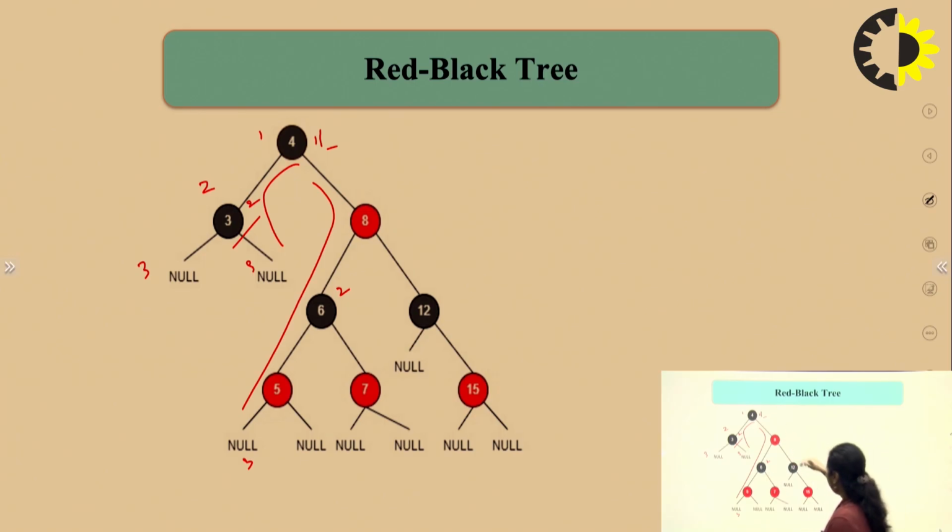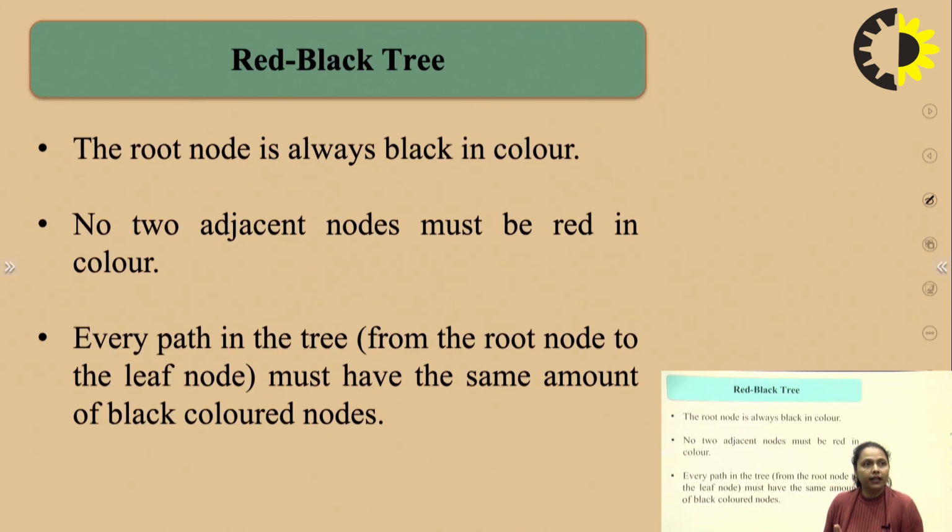Again, if I check this path, this is 1, 2 and this is 3. So if I go to any of the leaf nodes from the root, the total number of black nodes is the same in the midway. That is the depth property. So this is the example of a red black tree.